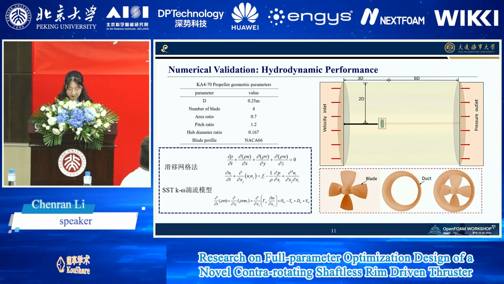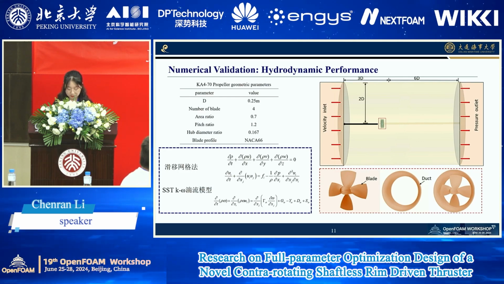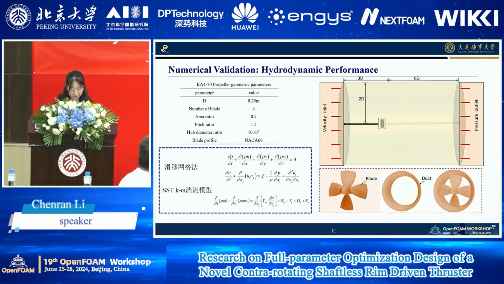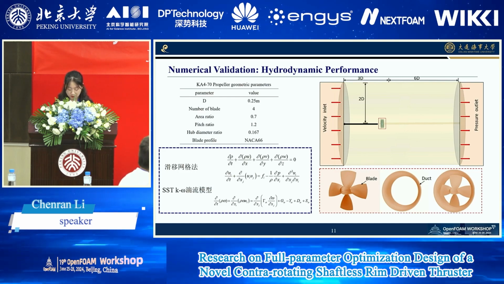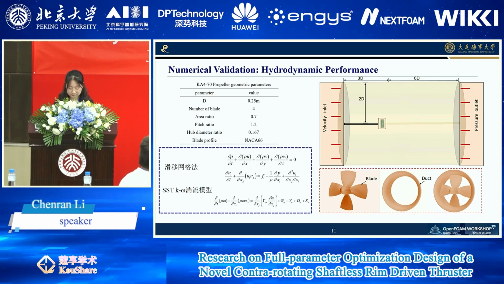The internal structure of the counter-rotating RDT is similar to that of the ducted propeller. So the No. 19A duct will be used as the base for modification, and the optimization based on it will yield the geometrical model of the counter-rotating RDT.